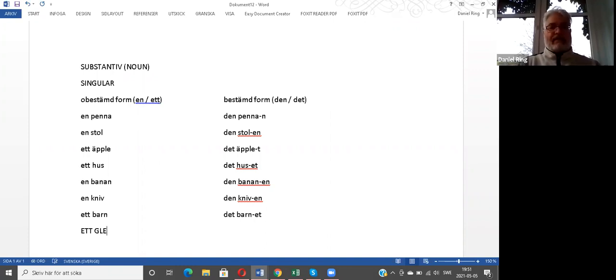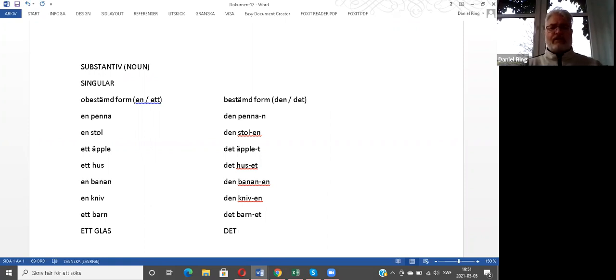If I say ett glas, a glass, how would you write that in decisive form? I give you a second to think. Ett glas. So what article shall we use in decisive form or specific form? Well, det. Yeah, that's right.